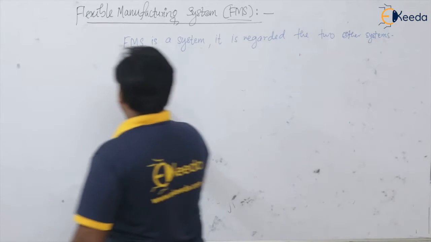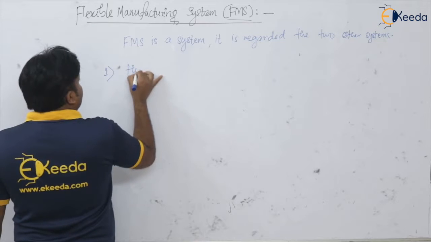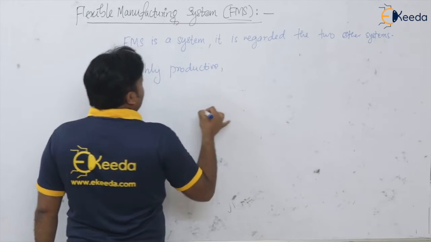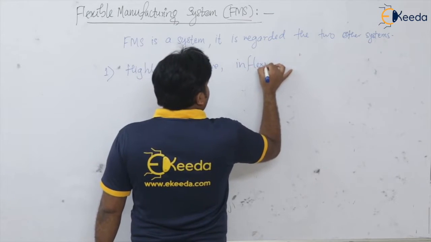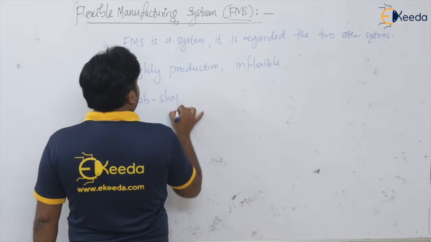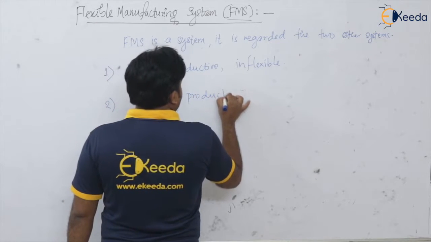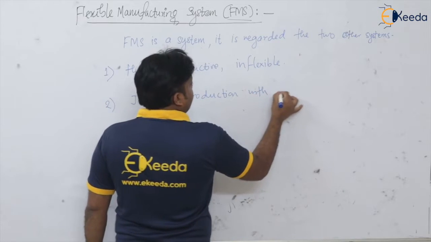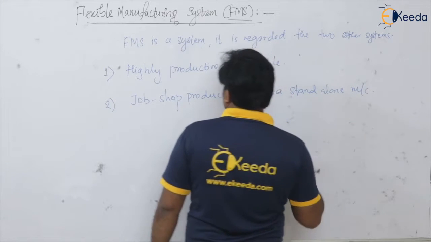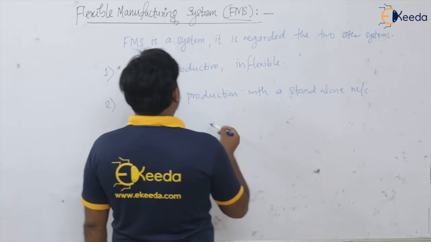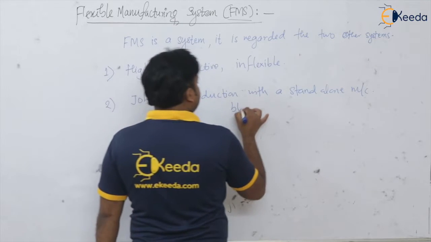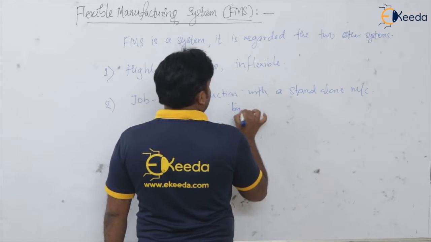One is highly productive but inflexible, and the second is job shop production with a standalone machine, which gives a variety of components with a single machine tool, but it is inefficient.